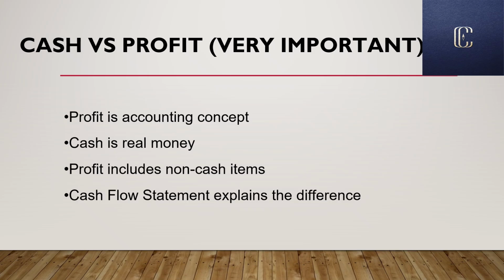Third one is profit includes non-cash items. This is where confusion happens. Profit includes items that do not involve cash at all. Depreciation, no cash goes out, right?